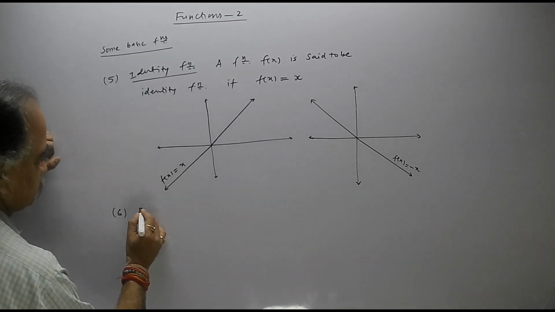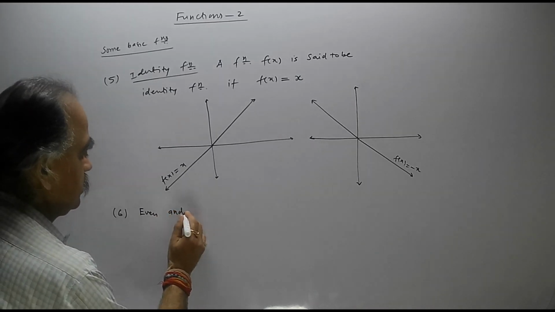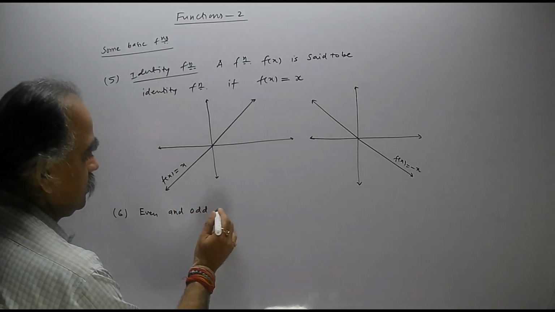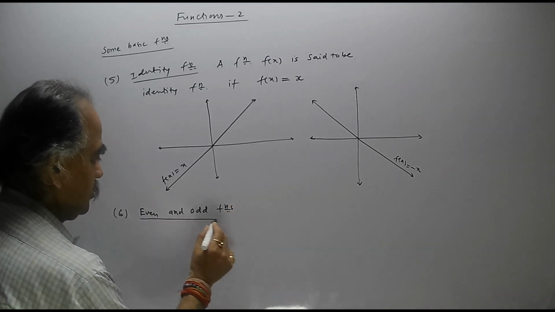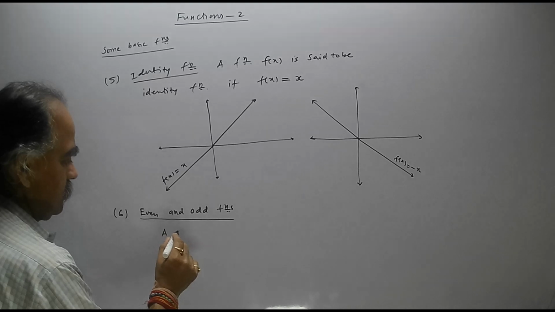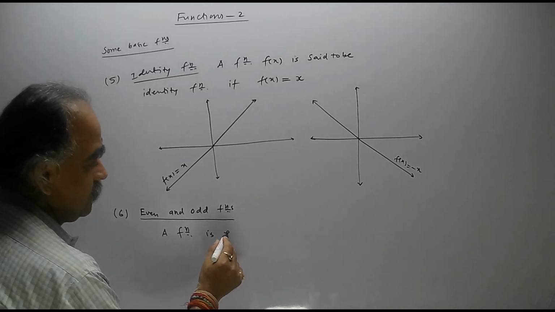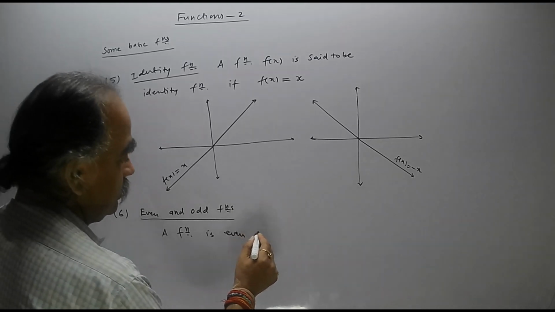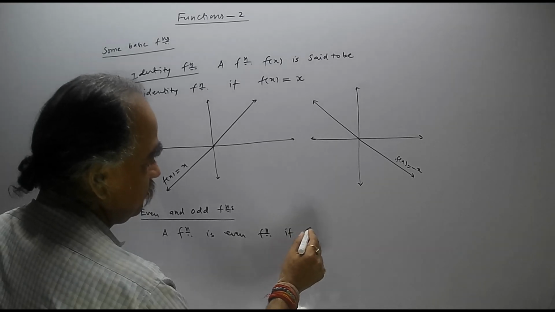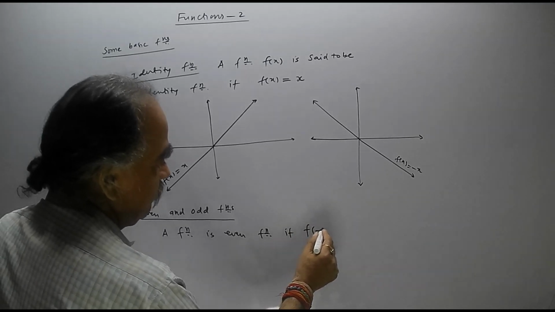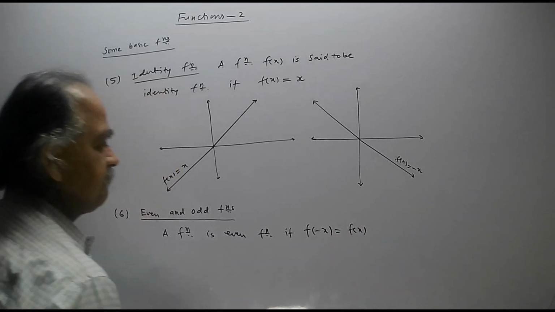Even and odd functions. A function is even function if f of minus x is same as f(x).